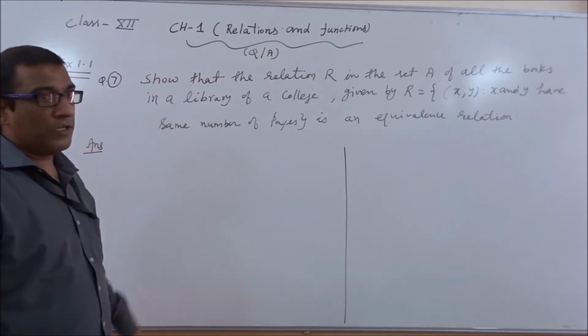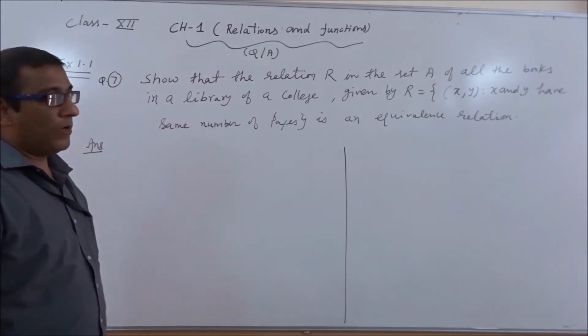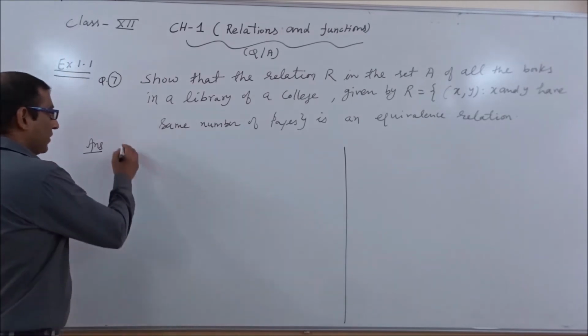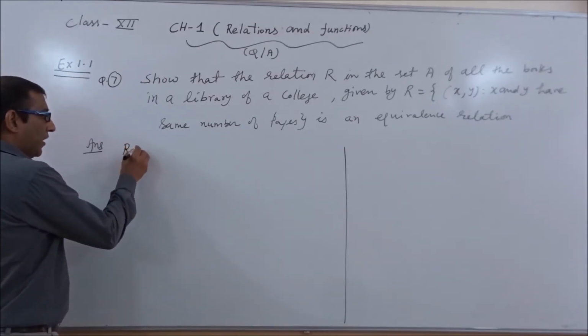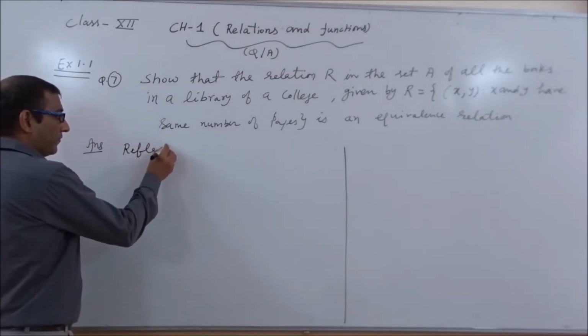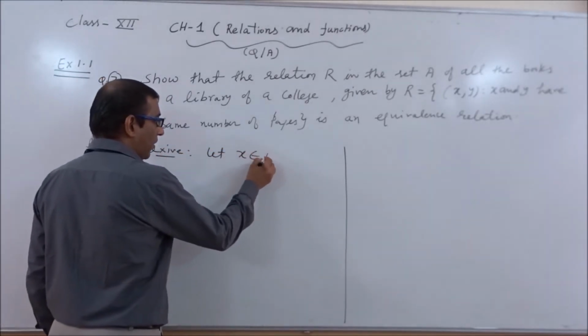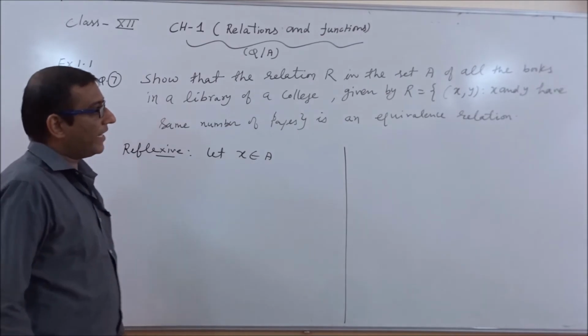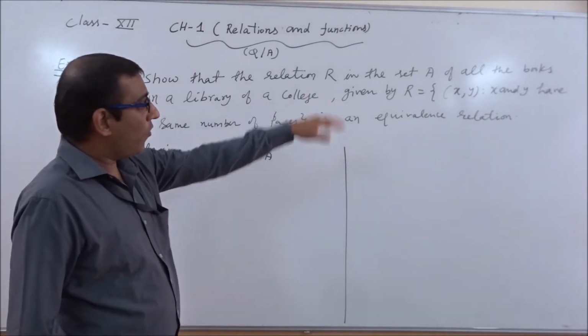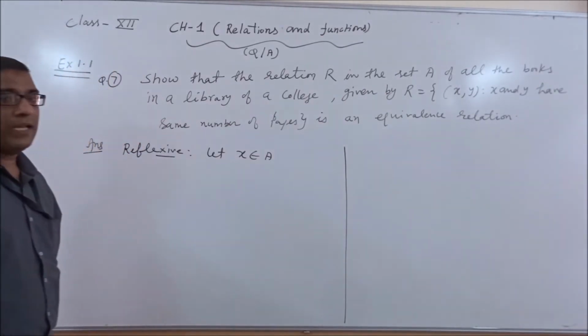So how can we show that this type of problem is an equivalence relation? First we will start with reflexive. Let X be a member of set A, and set A is the set of all the books in a library of a college.